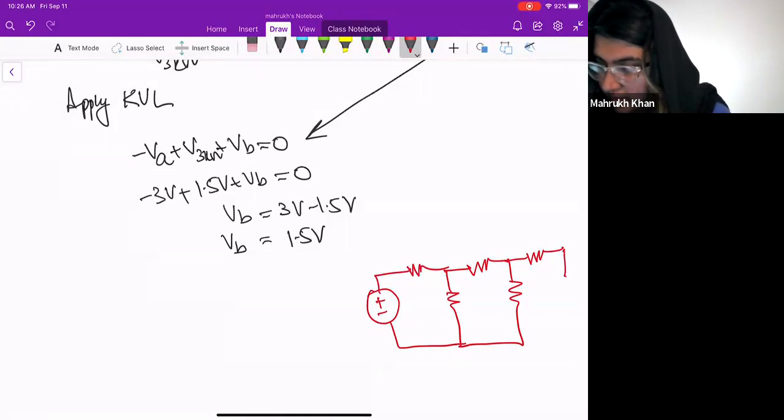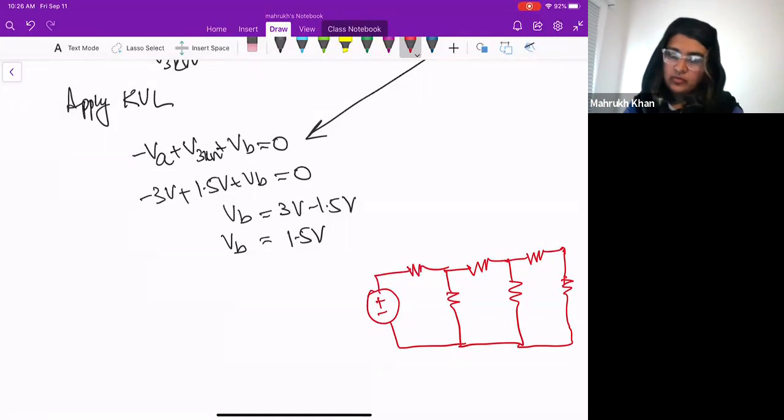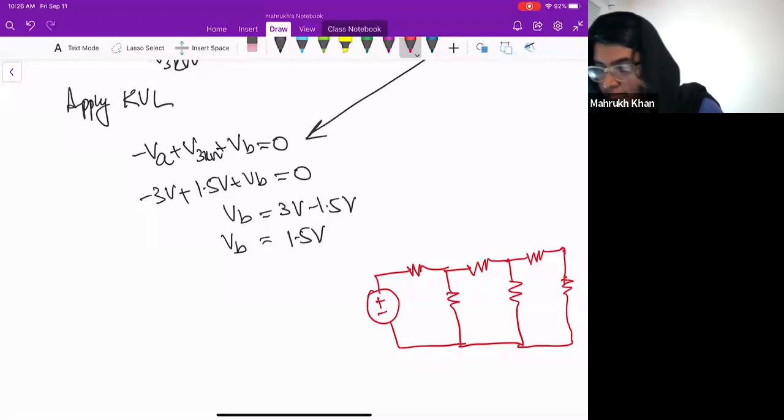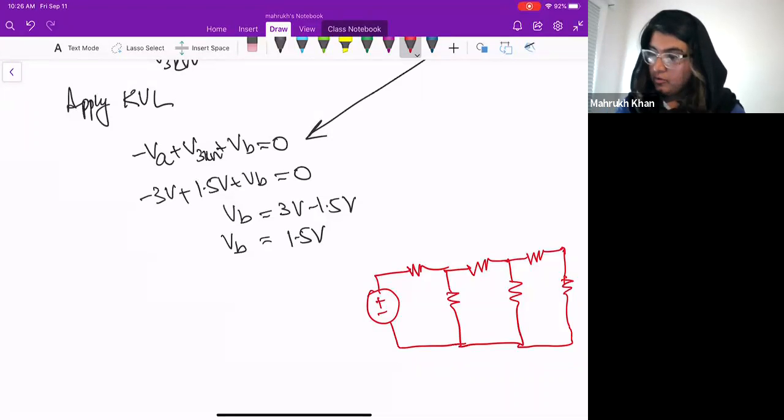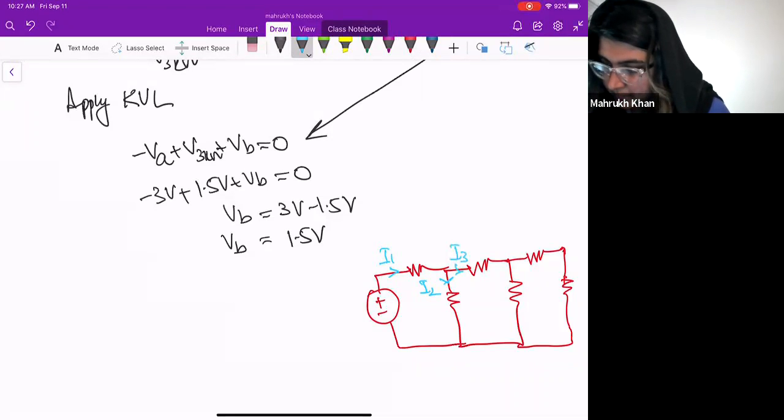So there is more than one way of solving the circuit, okay? I mean, you can do any way of solving it. I'm just trying to find the easiest way to make it understandable for everyone. So we did find I1, we did find I2, we did find I3, we found the voltage across 9 kilo ohms, we found VA.